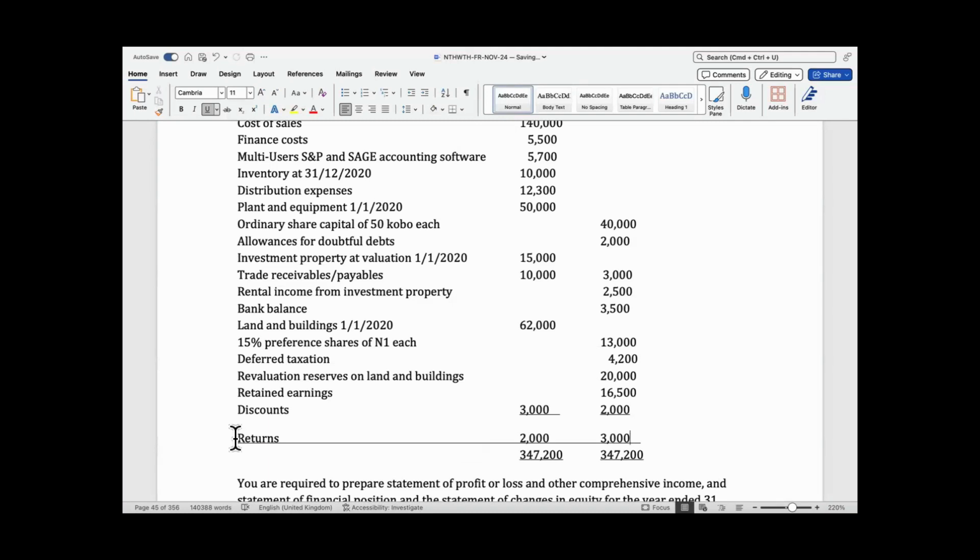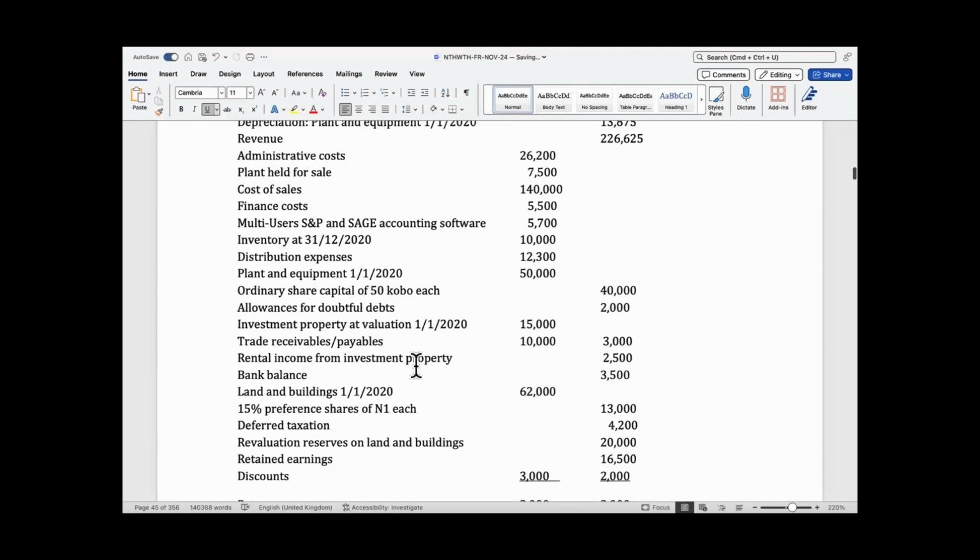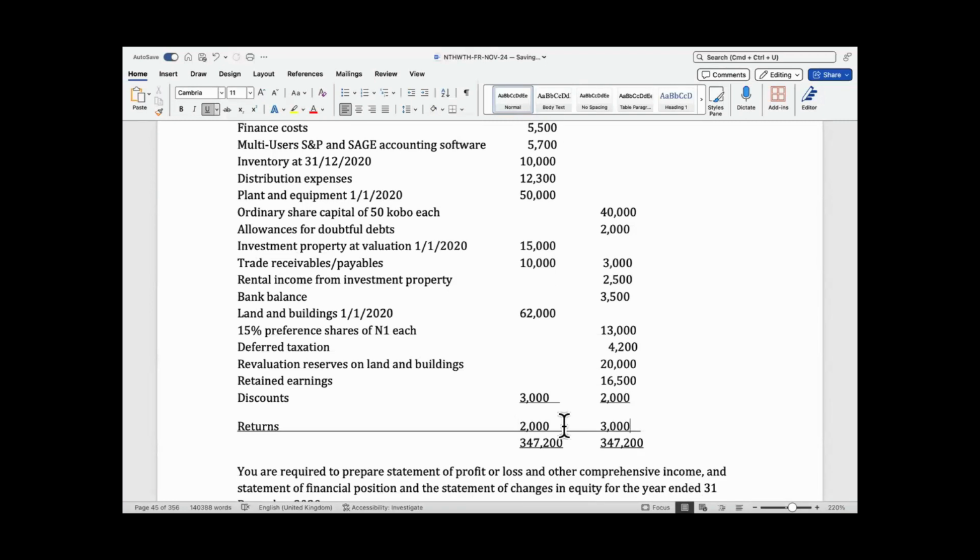That's the question. You just put returns. On debits, it gives 2,000. On the credits, it gives 3,000. Olakunle, go ahead. Yeah, the one on the debit side is returns outward, while the one on the credits is returns inward. That's a good try. Do you all agree?